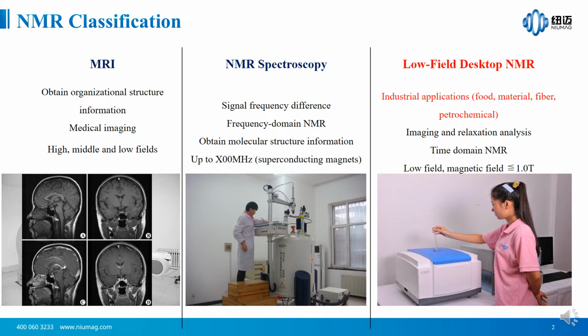The second type of NMR is the NMR spectroscopy. It can be used for chemical structural analysis. In chemistry, the pharmaceutical, food, and many other fields have applications. The application of the spectrum is based primarily on the theory of chemical shift.